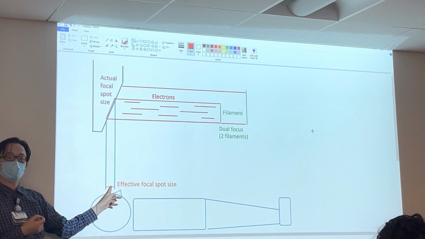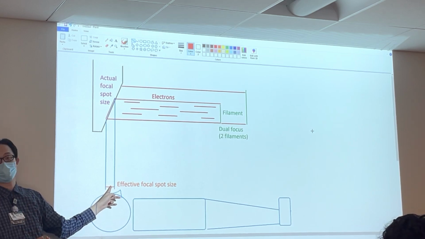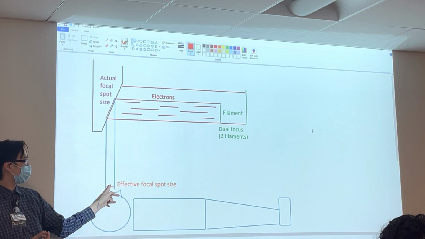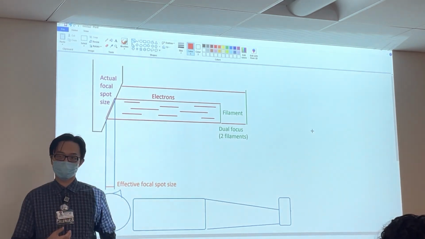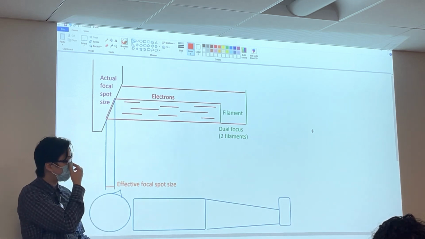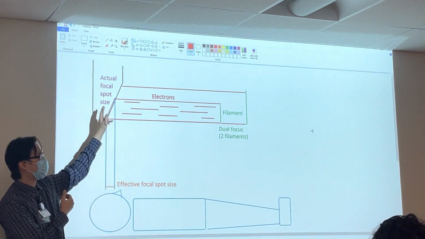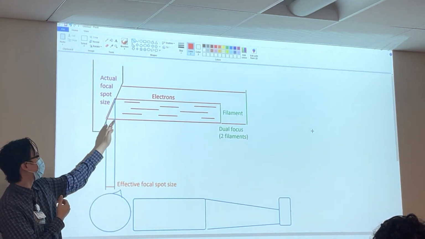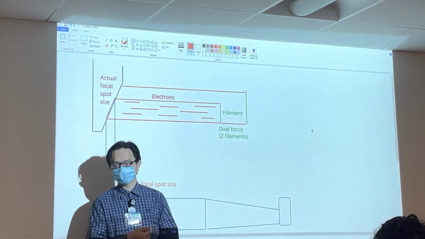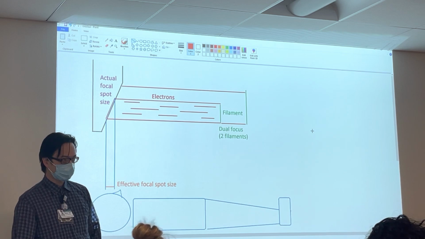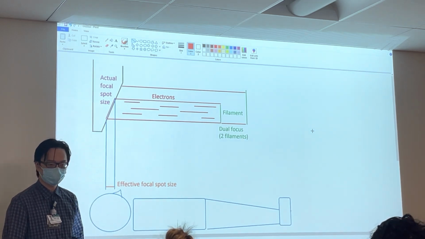This determines some of your image quality. So this is related to sharpness, blurriness, and image quality. You do need to know both of these focal spot sizes. Both of these are affected by angle, and both are affected by the filaments. That is your line focus principle.